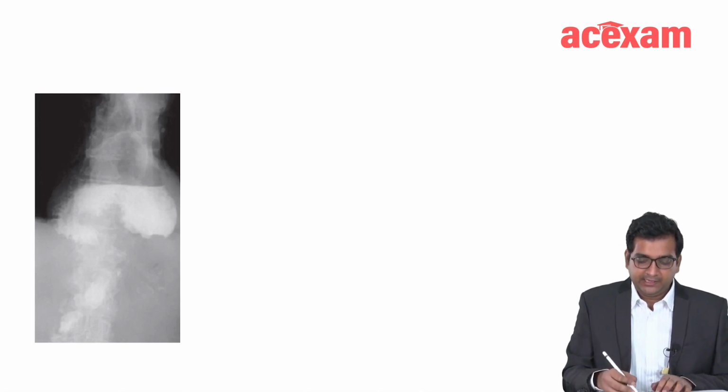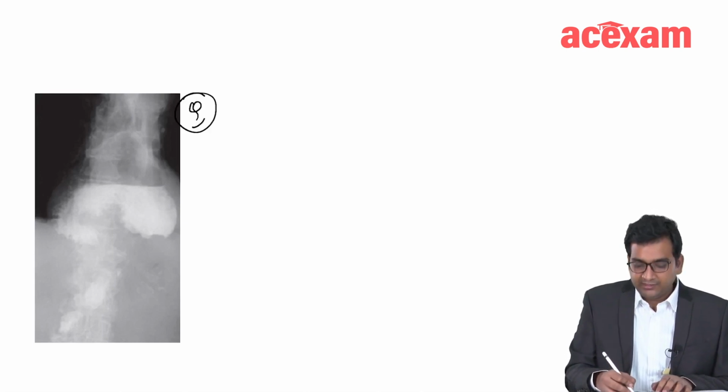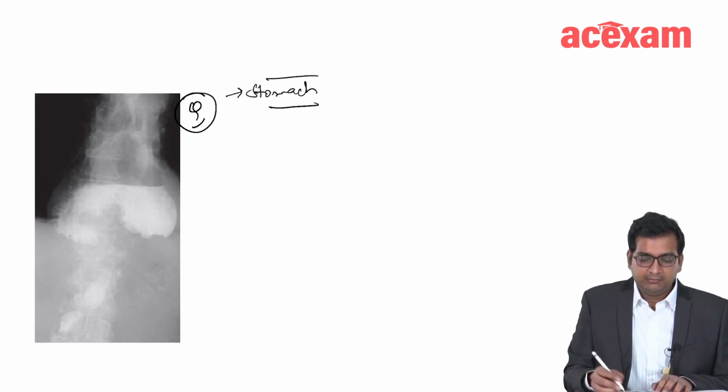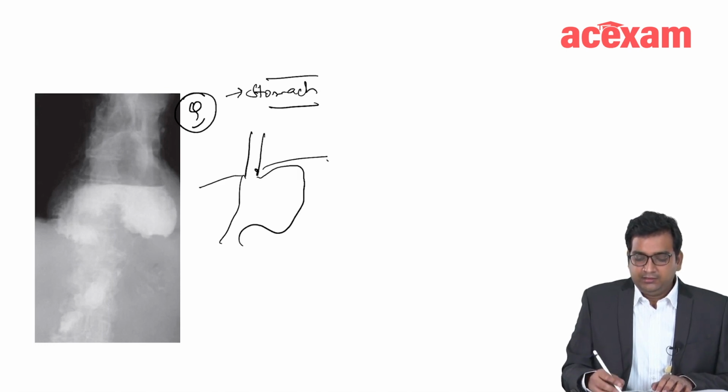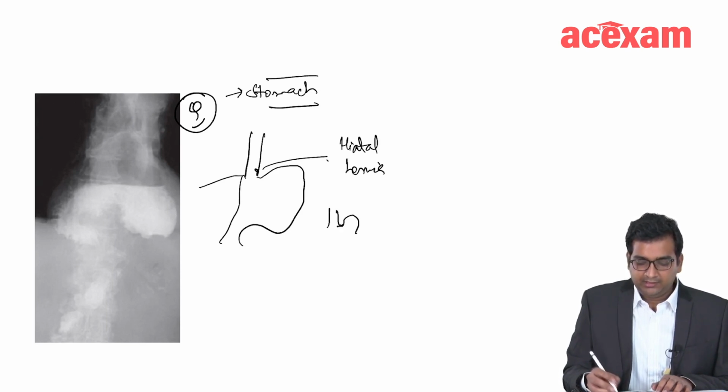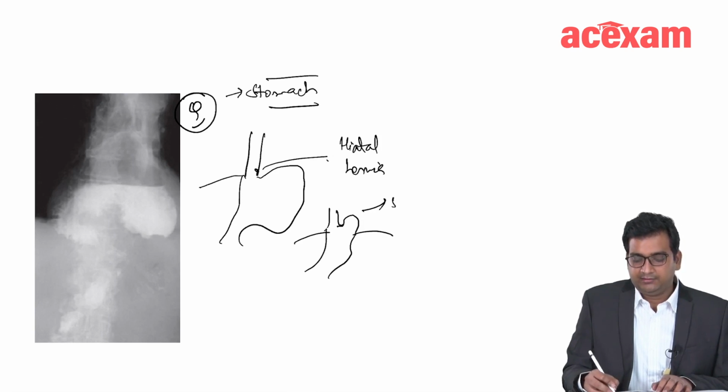Now this is a diagram which we'll see in stomach in detail, but whenever there is presence of GERD or presence of hiatus hernia, okay, in type 2 hiatus hernia, there is presence of stomach here.